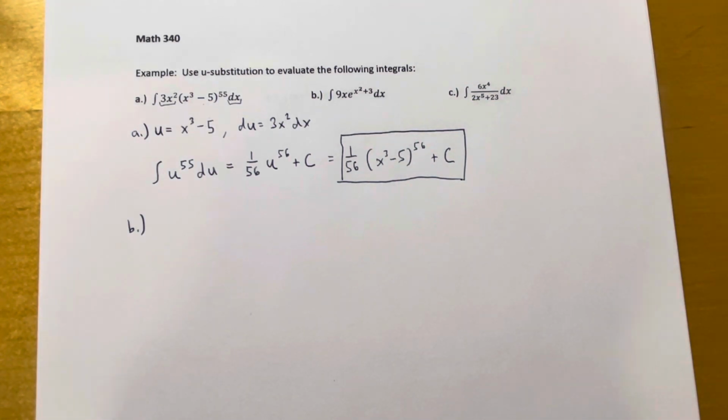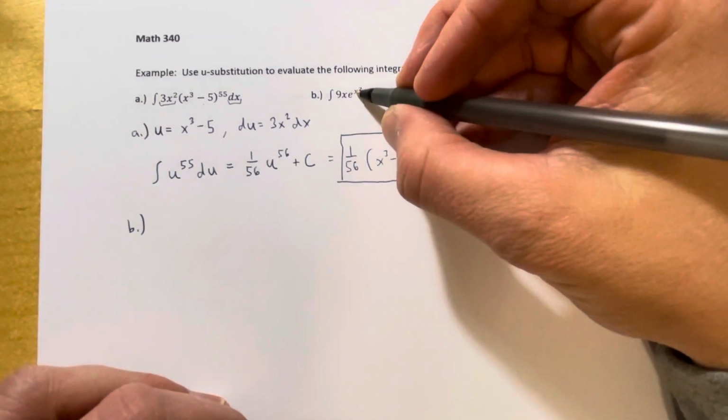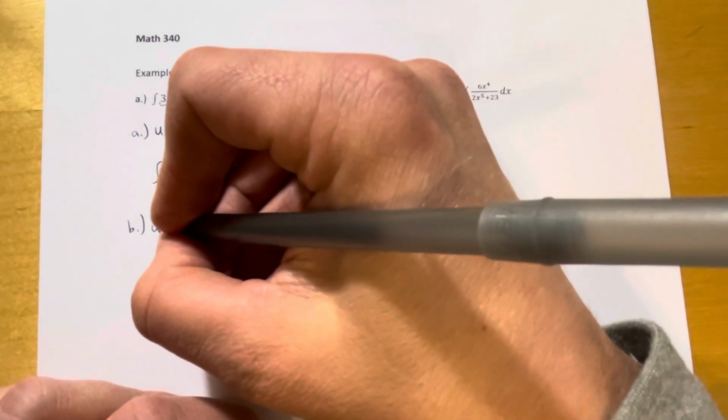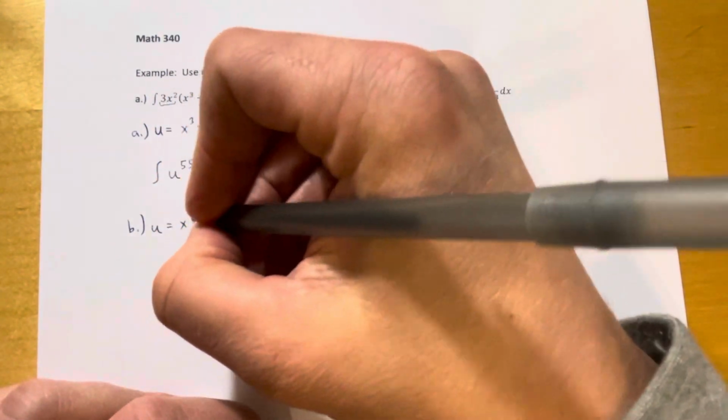So another thing that's sometimes helpful to look for, and again, this is not always the case, is if you have an exponential function in your integrand, and the exponent looks like something more than just an x. So notice we have an x squared plus 3 here. That is oftentimes another good choice for u. So I'm going to try setting u equal to that.